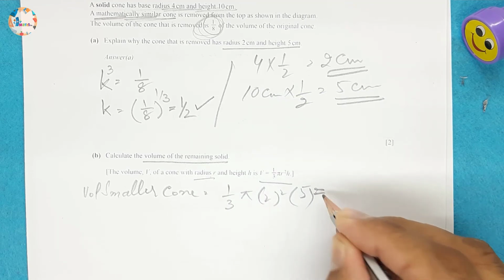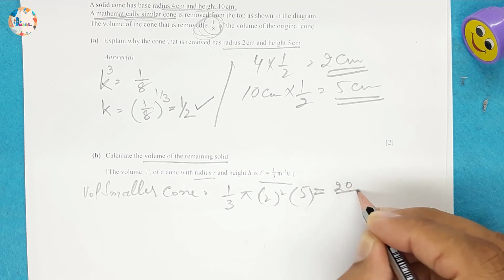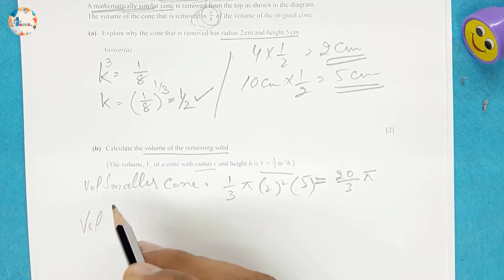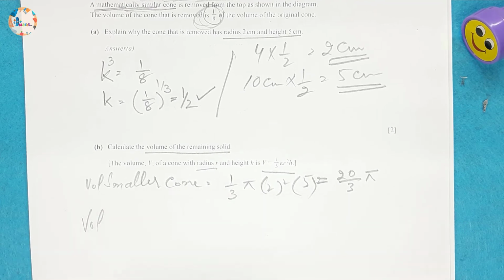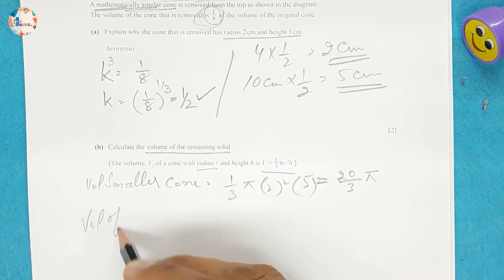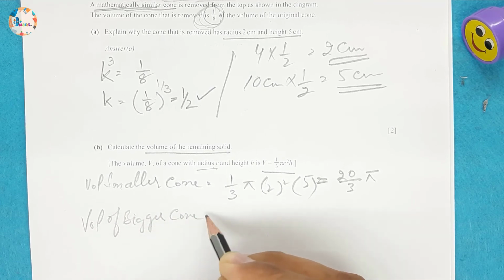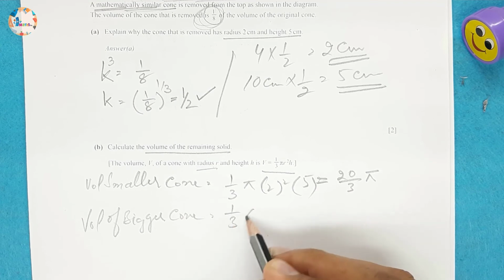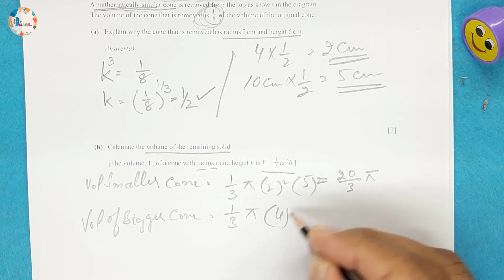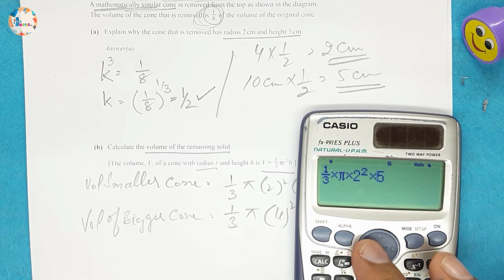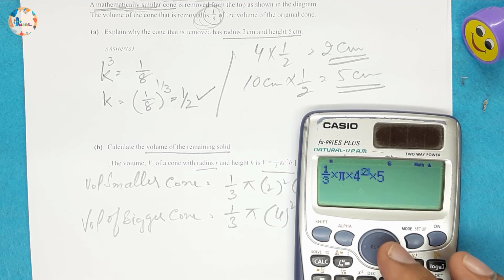This is the smaller cone. Volume of the bigger cone we can also calculate, that will be equal to 1 by 3 pi, radius for that one will be 4 squared, and height will be 10. We will change in this one: instead of 2 we will write 4, and instead of 5 we will write 10.